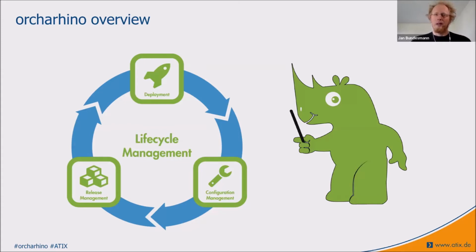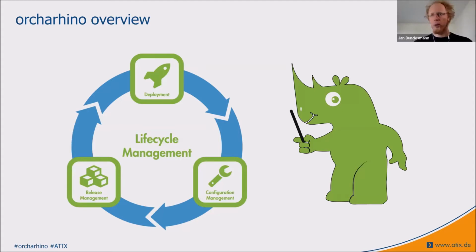So you have it as a front end for configuration management tools. But of course, you need to have servers where you can apply your configuration to. So orcharhino also cares for the server deployment, and it also cares for the versioning of the software that is available already, for the provisioning of the software to your hosts.